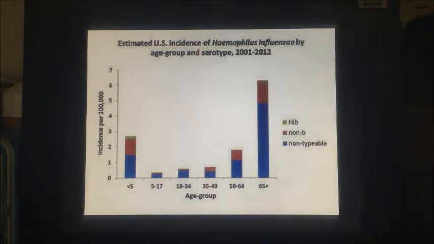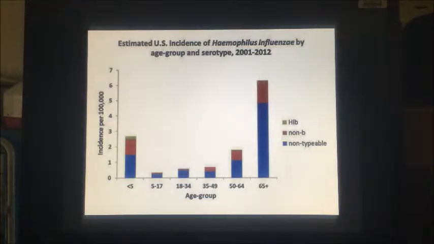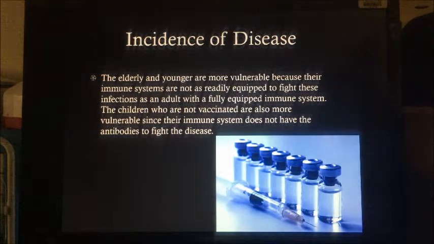So this graph shows the number of people across the age groups that get the disease. As you can see, it more commonly affects the young and the elderly. The elderly and the young are more vulnerable because their immune systems aren't able to fight these infections, because either they're too young to get the vaccination or they are too old to get the vaccination.